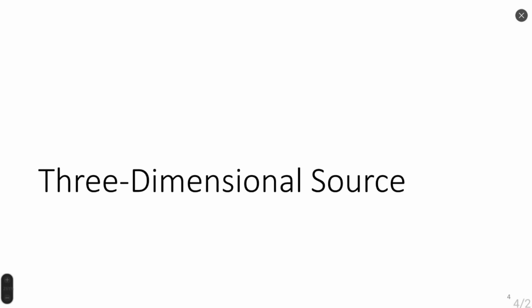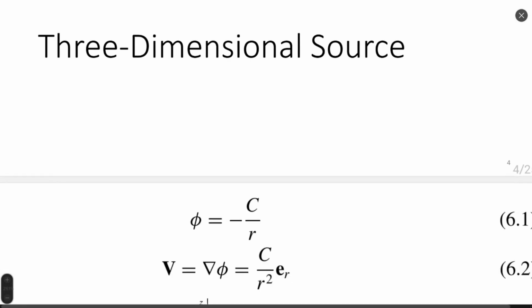Same as we had in bidimensional flow, in three-dimensional flow we have also source. It will be called three-dimensional source as an elementary flow for 3D space.